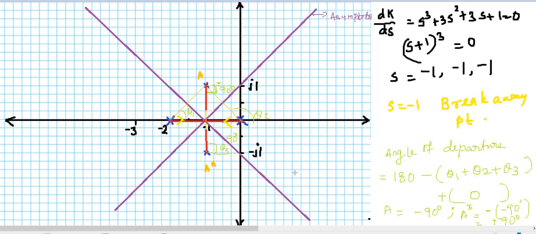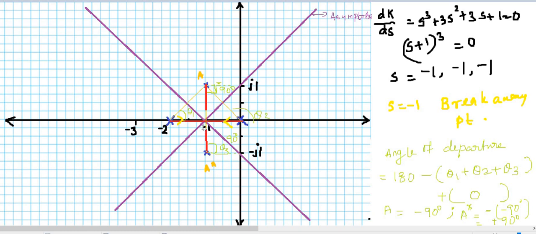Now in this problem, the real values of the two complex poles are minus 1, so they are actually in a straight line with the breakaway point.